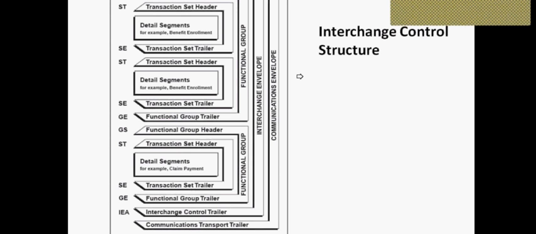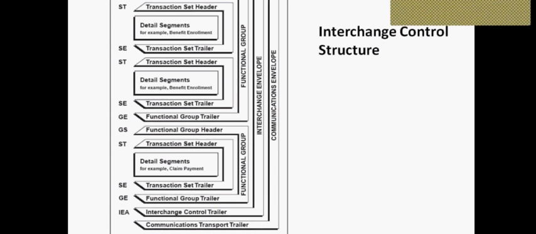Sorry, your voice was not clear. What I understand is that these transactions are EDI. Whether it is an 837 transaction or an 834, any EDI transaction has this structure. It has an ISA segment, which is the interchange control header, where the sender and provider information is available.